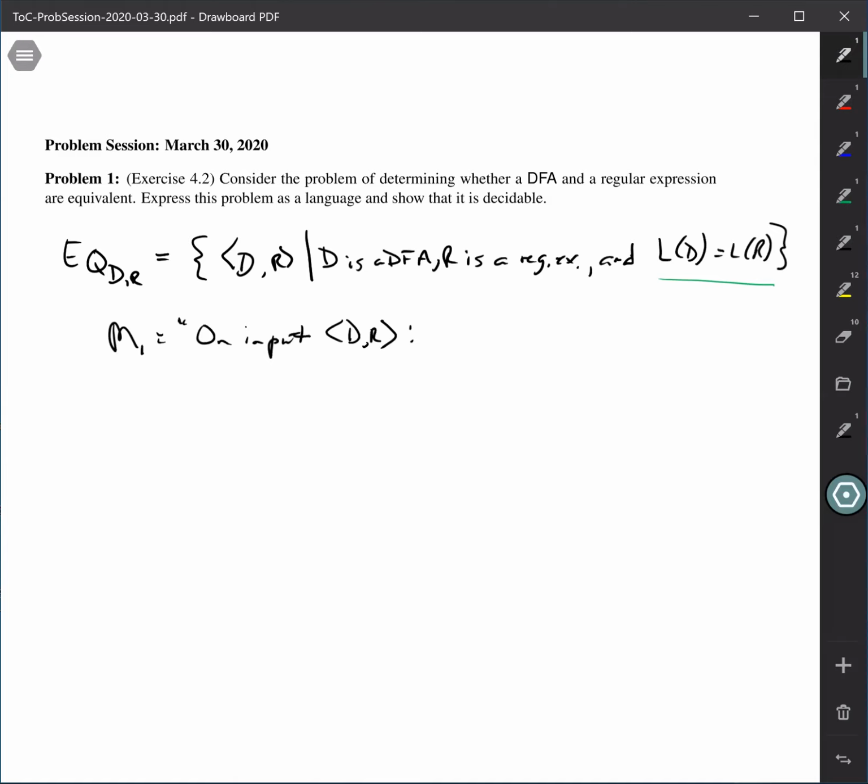So convert the regular expression to a DFA, or as Fernando said, convert it to an NFA and then to a DFA. The end result is that we're converting the regular expression into a DFA, and then we're going to check to see whether the language accepted by our new DFA is the same as the language that's accepted by D that's given as part of the input, and then that'll tell you whether D is equivalent to the regular expression.